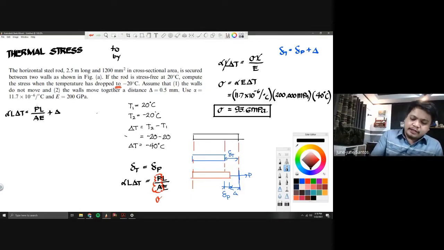Okay. Since we are looking for the stress, so we can have it alpha L delta T is equals to sigma L all over E plus delta.